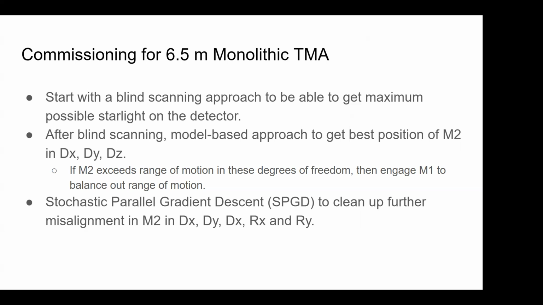And with SPGD, our goal is mainly to move the secondary mirror at this stage. Moving the primary mirror will be basically to alleviate some of the stress of the range of motion on M2 and give it a little more freedom during SPGD.